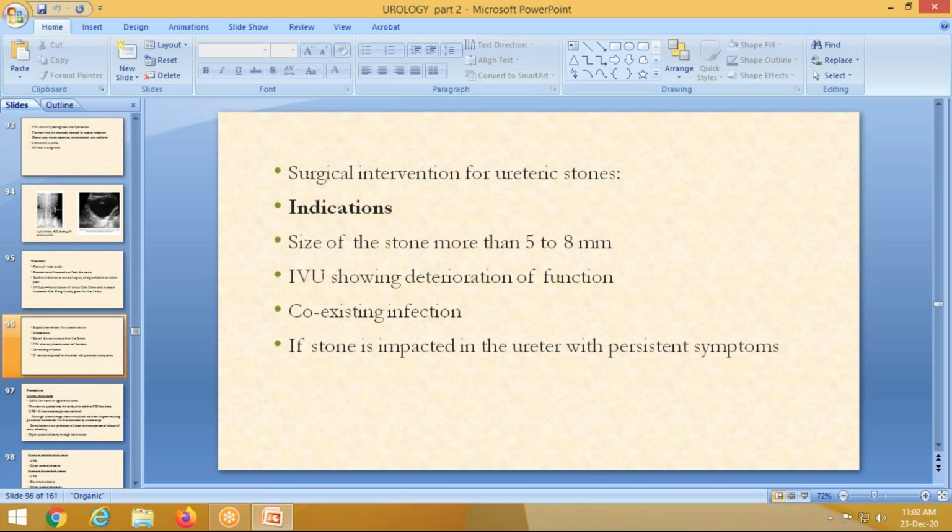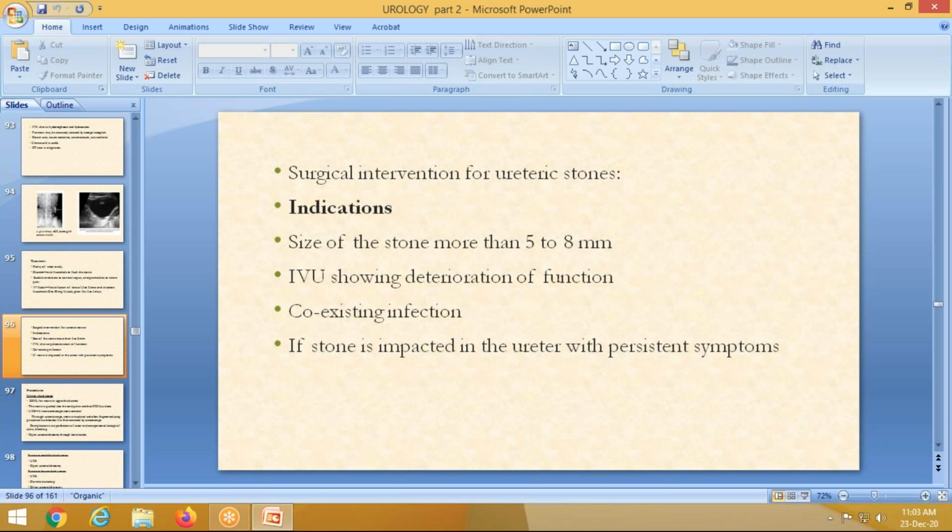Next, another indication is when the stone is impacted. I already discussed the various positions like the pelvic ureteric junction, where the ureter crosses the renal vessels, the iliac vessels, where the ureter crosses the vas deferens, and where it enters the bladder. All these are narrowing points.